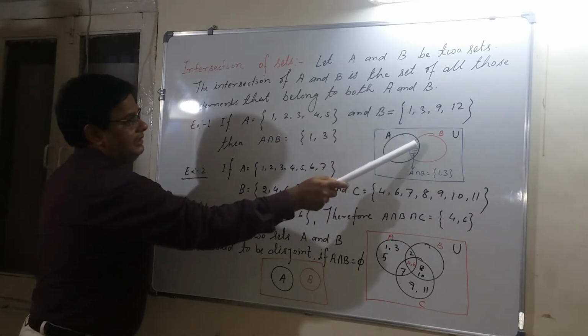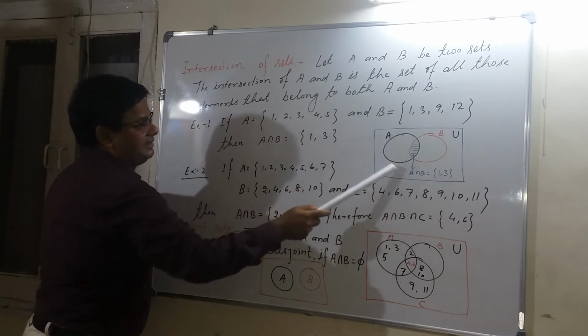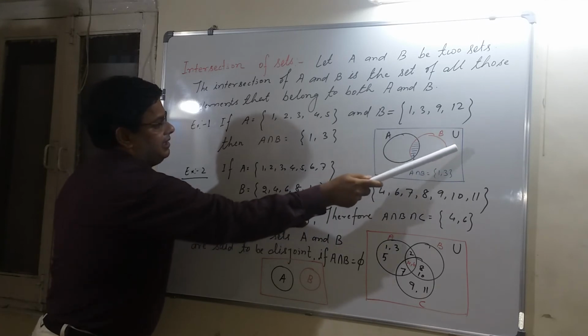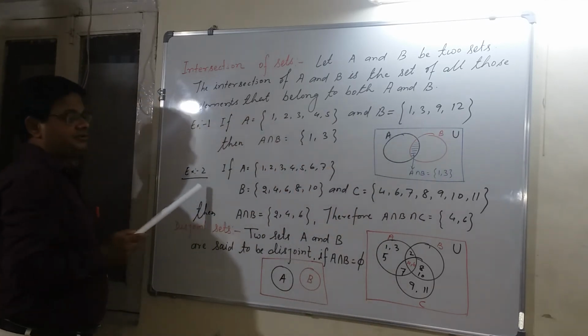This area represents A intersection B. This is set A, this is set B and U is the universal set in the rectangular box.